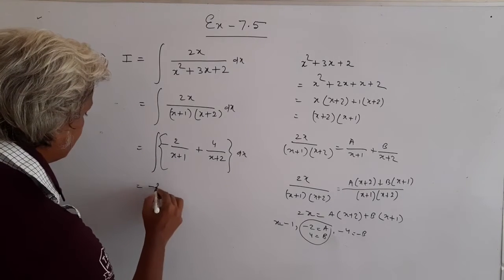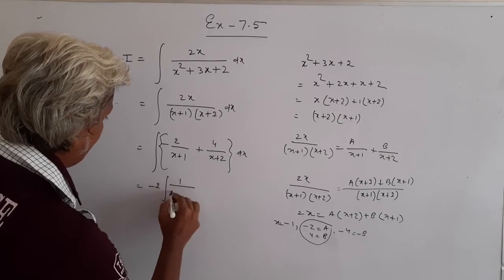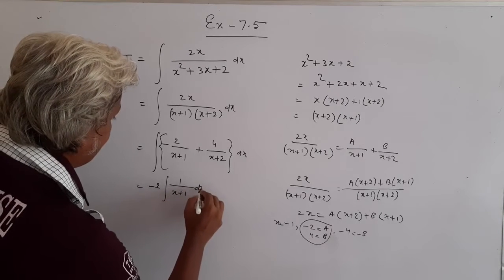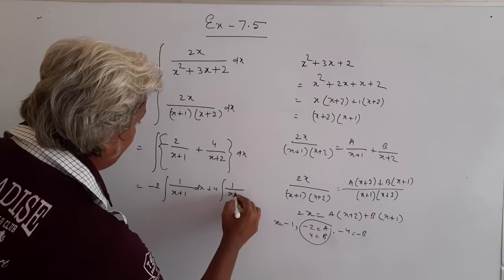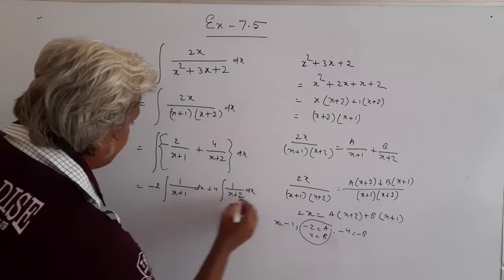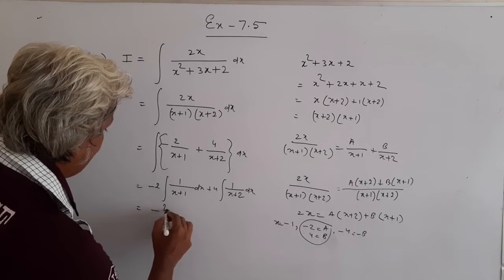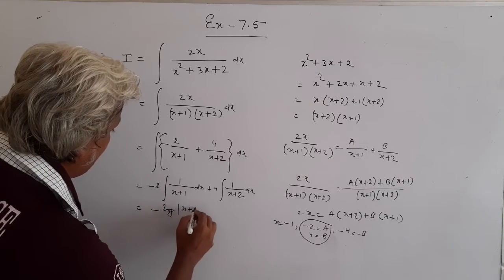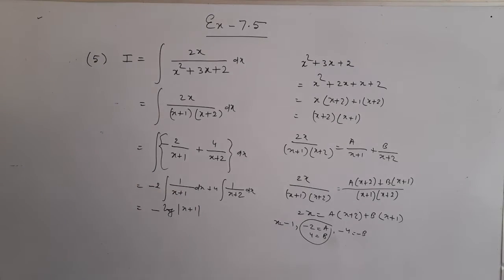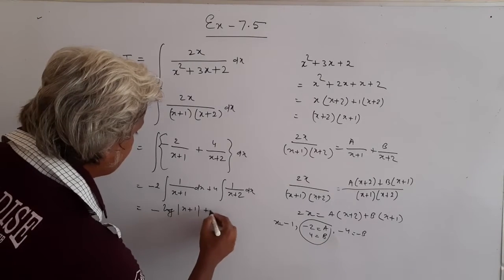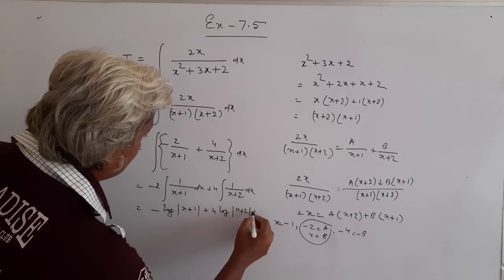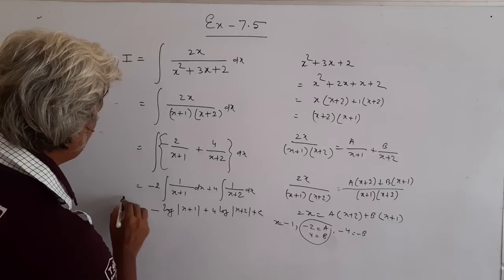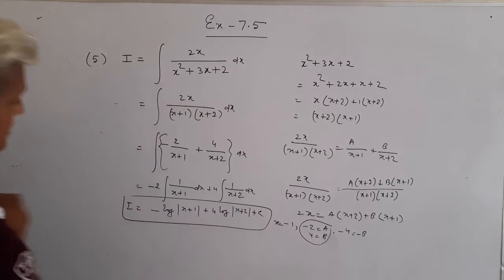The first one is minus 2 integration of 1 over x plus 1 dx, plus 4 outside, integration of 1 over x plus 2 dx. This gives you minus 2 log mod x plus 1, because integrations of the form 1 over x give you log mod x, and here 4 log mod x plus 2 plus c. This is your answer to question number 5.